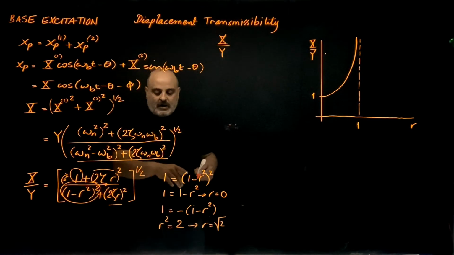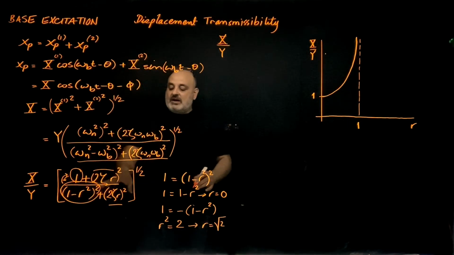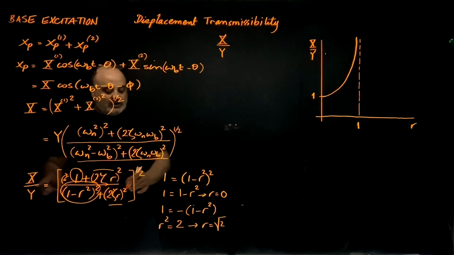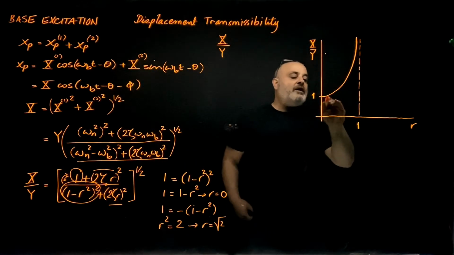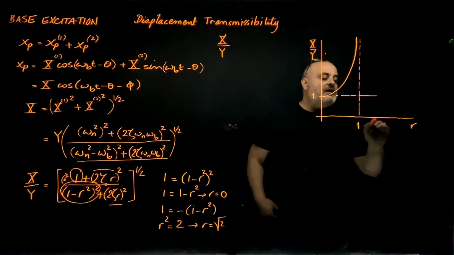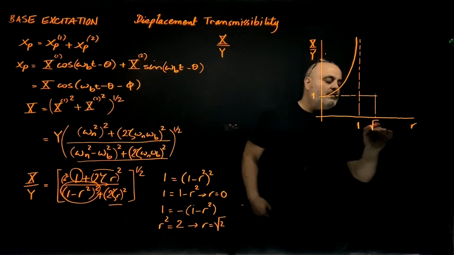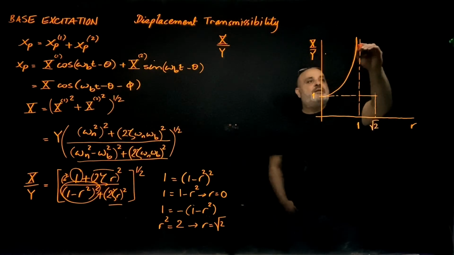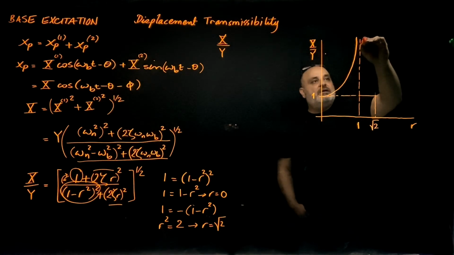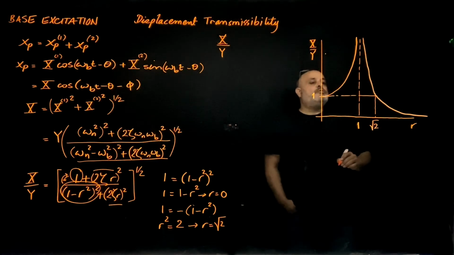So if r is equal to square root of 2, regardless of what the damping is, this fraction will be equal to 1. The transmissibility will be also 1. So if I extrapolate right here, and if this is square root of 2, which is approximately 1.4, then this response, the transmissibility, will pass through this point and then to 0.